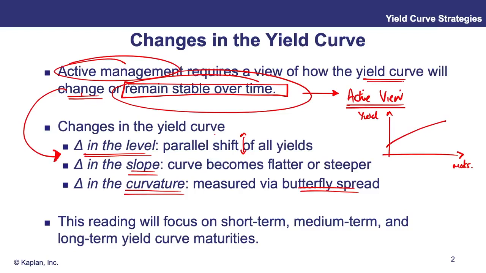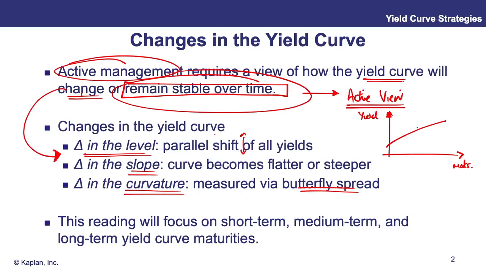A yield curve staying stable over time means that we look at the yield curve today, at T0, for example, and we see these yields going out for different maturities. We put a trade on, and we know when we come back and look at the yield curve, say in 6 months or in a year's time, in other words, at the end of our investment horizon, we see the same yield curve. That's what we mean by the yield curve remaining stable.